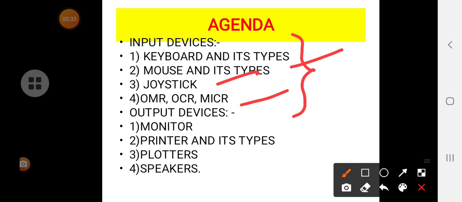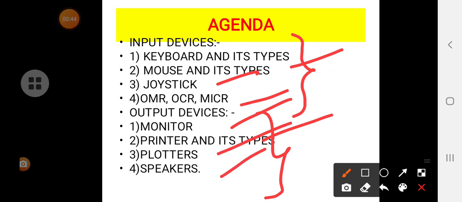Then output devices such as monitor, printers and their types, plotters, and speakers. So these were the input and output devices with respect to the computer environment.